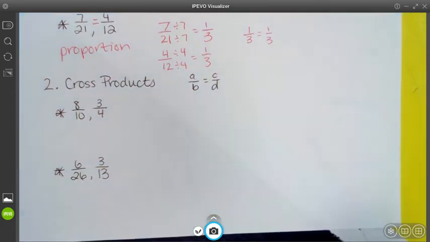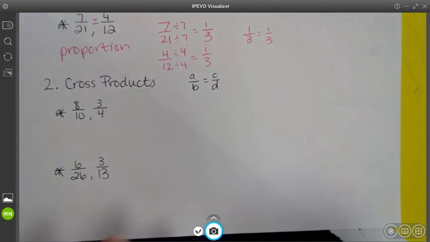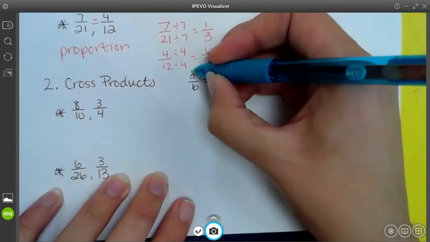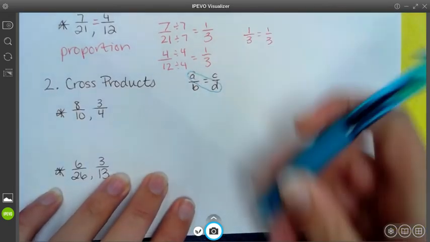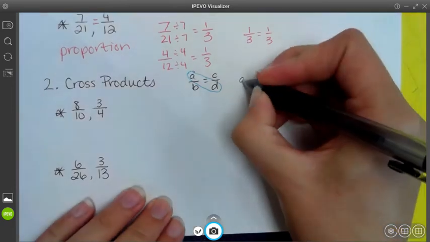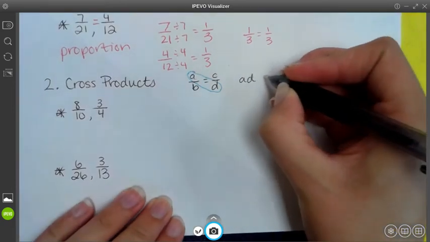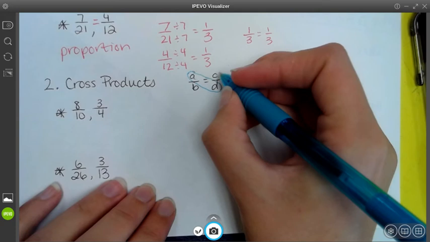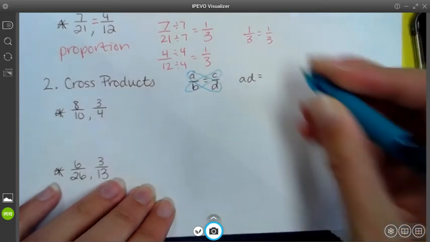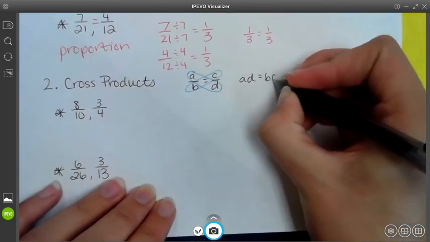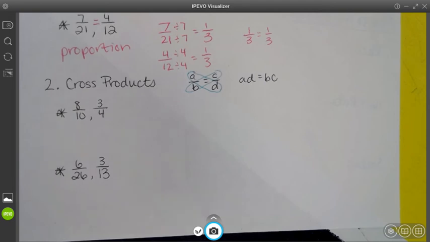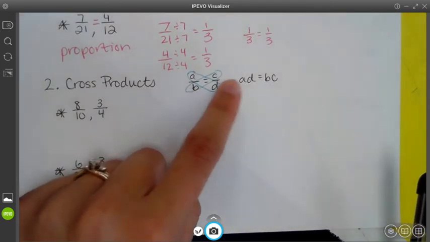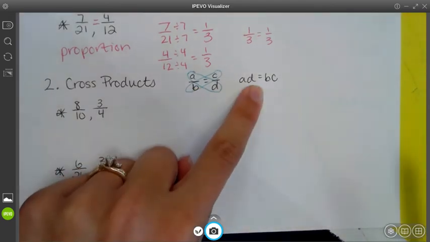Product means multiply, so we're going to multiply across. So A times D needs to equal C times B, or B times C, however you want to write it. So this is true if this is true.